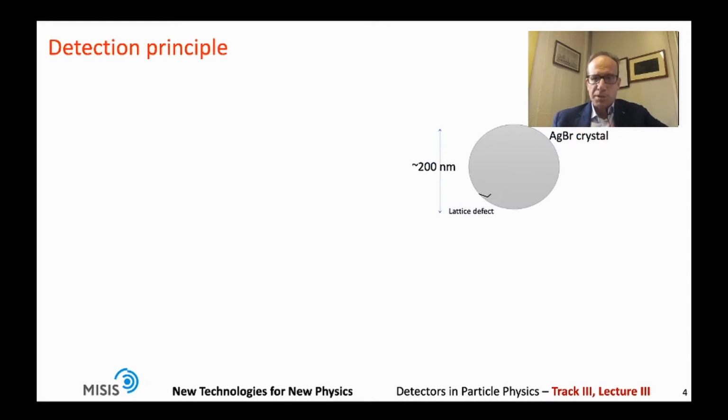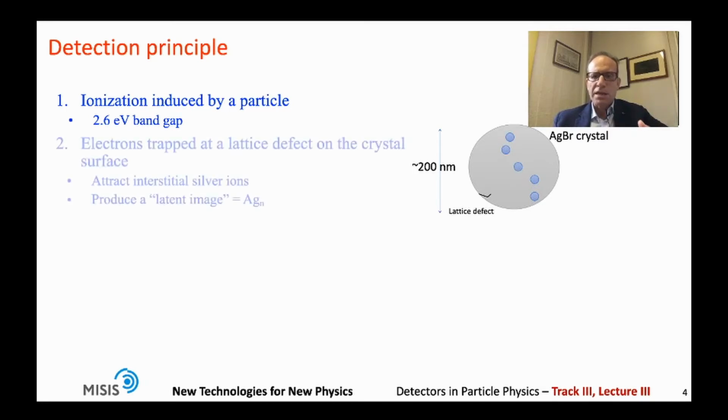What is the detection principle? Nuclear emulsion is basically like a semiconductor. So there is a valence and a conduction band, and the band gap is about 2.6 electron volt. When a charged particle passes through, there is an energy deposition due to the ionization, which produces electron hole pairs. There are lattice defects on the surface of the silver bromine crystal.